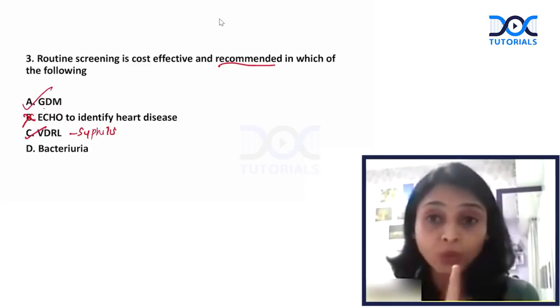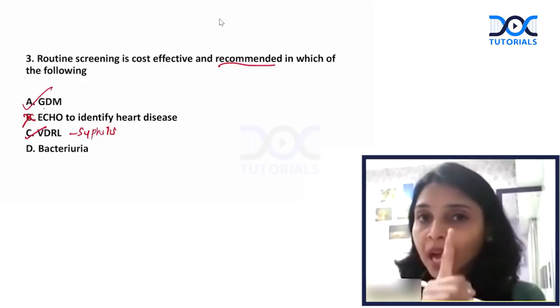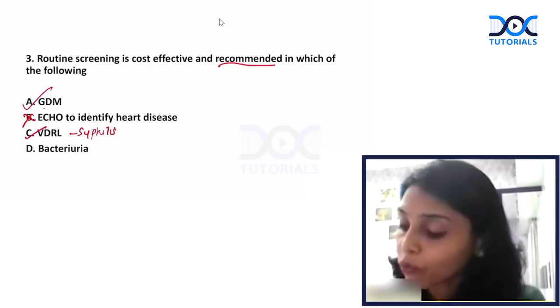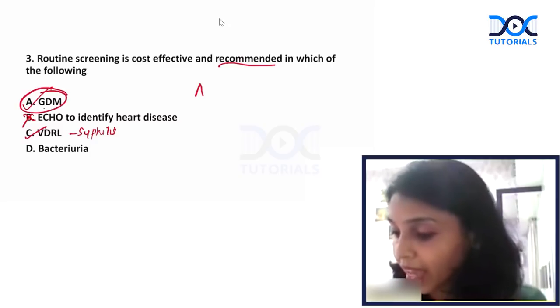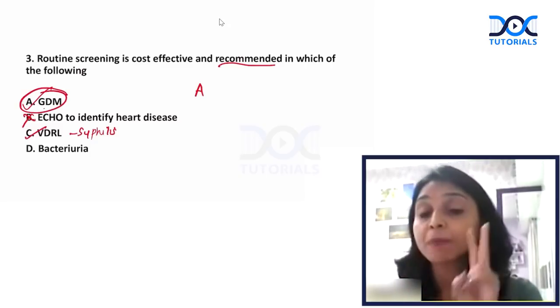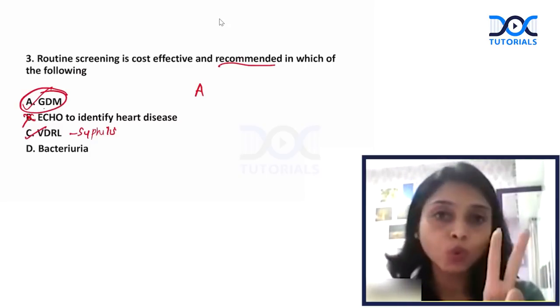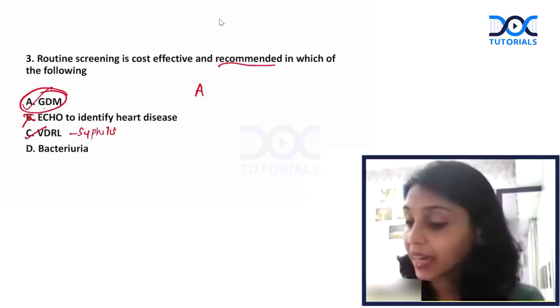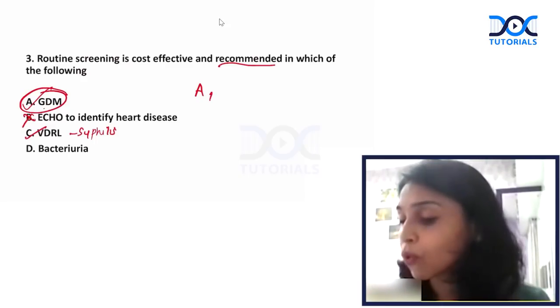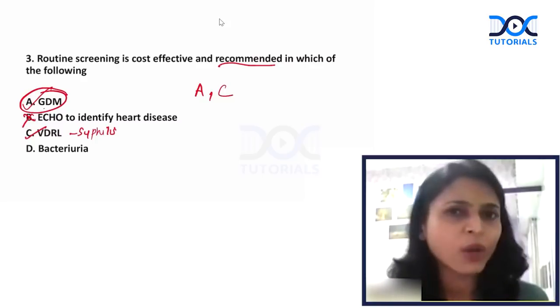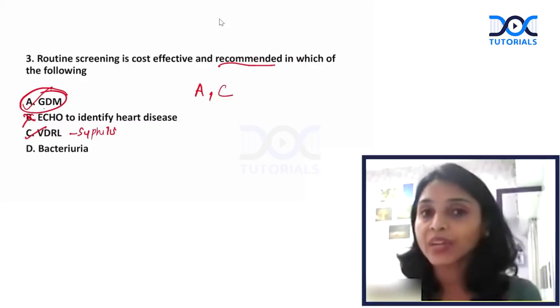So if you're asked to pick one, go for GDM alone, A. And if you're asked to pick 2, because there were questions like pick 2, that is what I heard from students, then you can also go for C. I hope I'm clear. Okay, so we are done with the 3rd question.